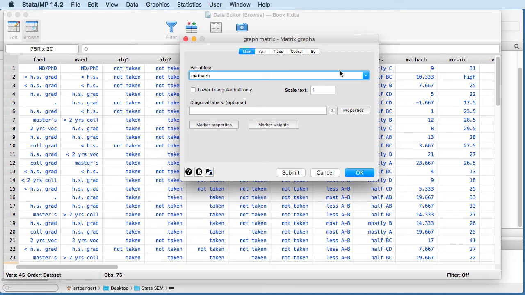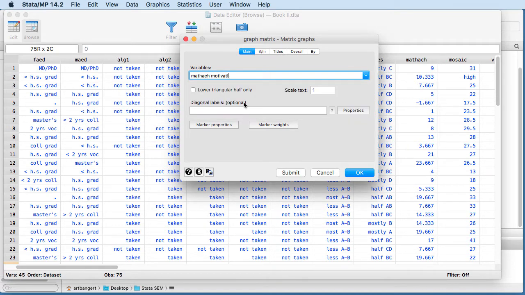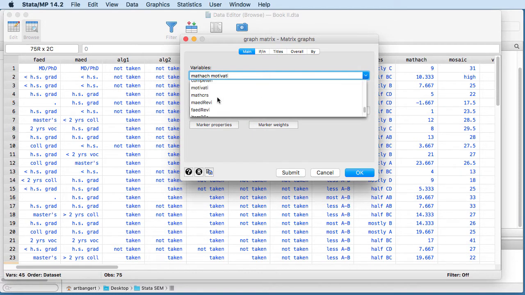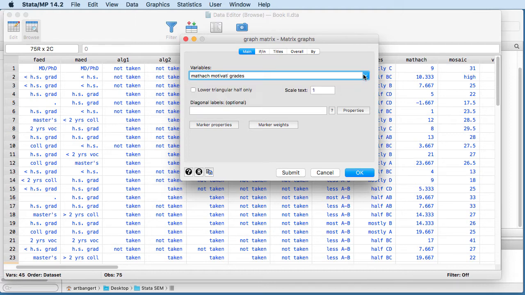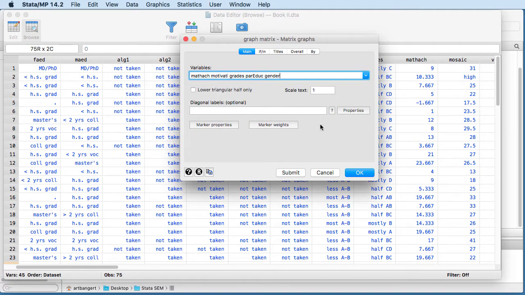So I can put in math achievement, motivation, grades in high school, parents' education, and gender.